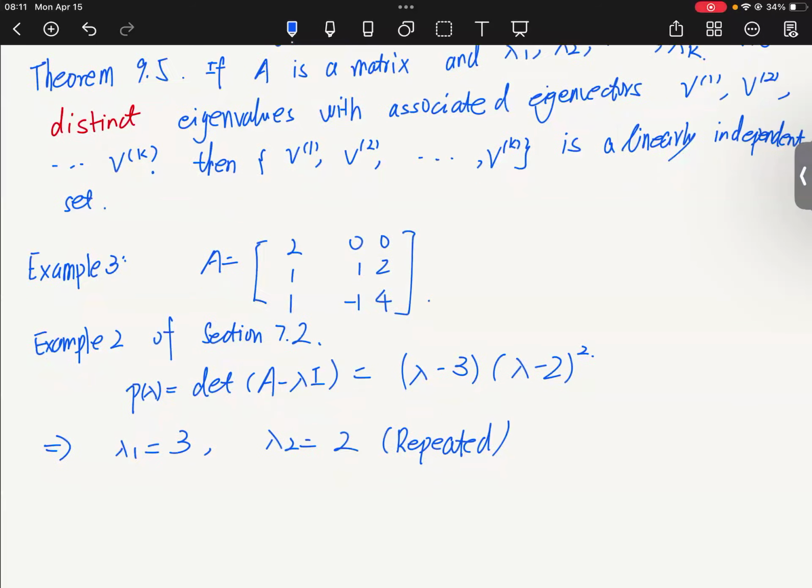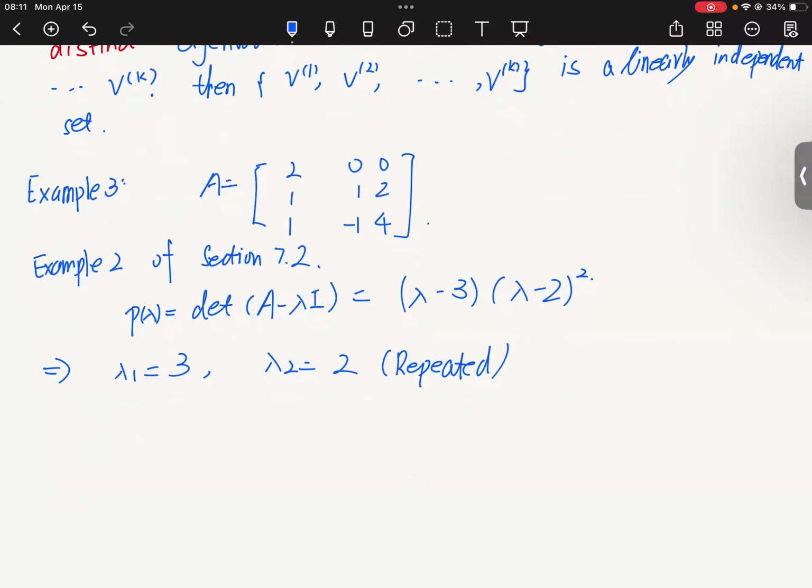If you substitute lambda 1, from A V1 equals lambda 1 V1, to calculate the eigenvector V1, you need to substitute the 3 back into this eigenvector equation, and then you will get the V1 vector.